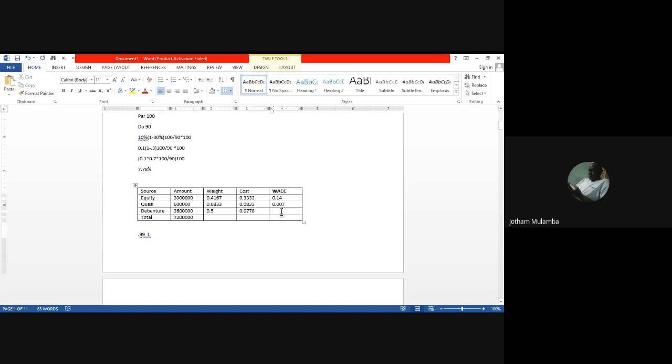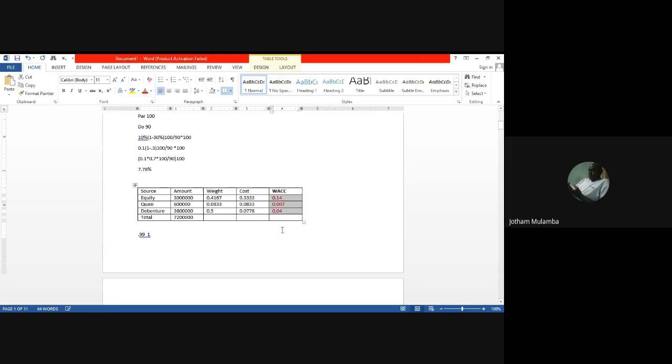We'll go to the last one. 0.5 times 0.00778. What do you get? 0.04. Now, add these values under weights.